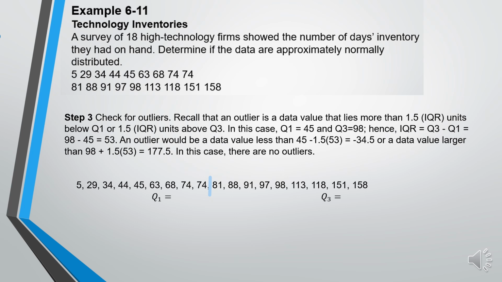The 9 data from the left-hand side are 5, 29, 34, 44, 45, 63, 68, 74, and 74. We just need to find the center of this data. So the center is 45.